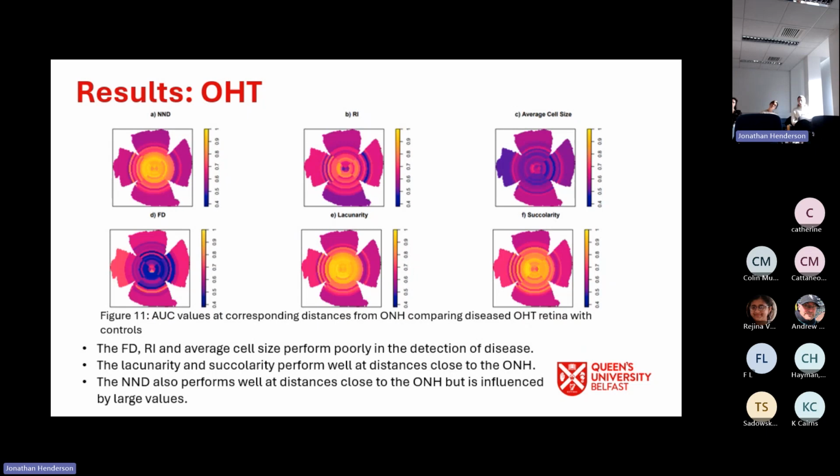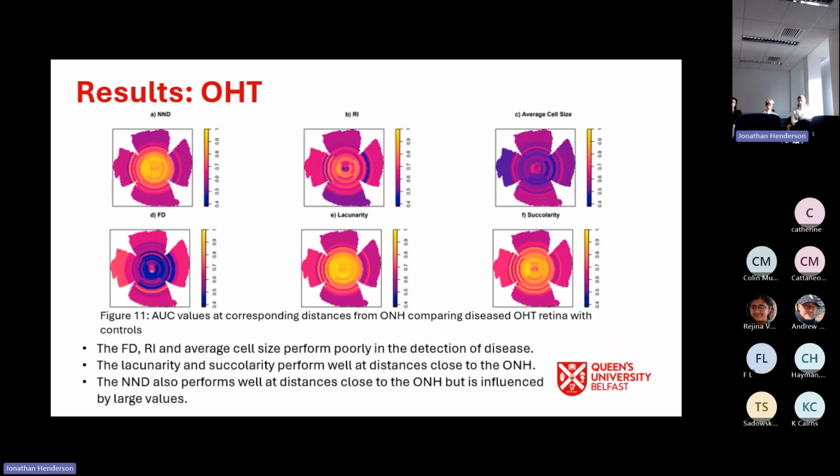What's more interesting, though, is what happens at our OHT model. Again, our average cell size performs poorly. Our fractal dimension also performs poorly. This is due, again, to the same reasons as before. The points are being lost subtly across the study region, so it's not able to pick up this sort of change in the pattern.